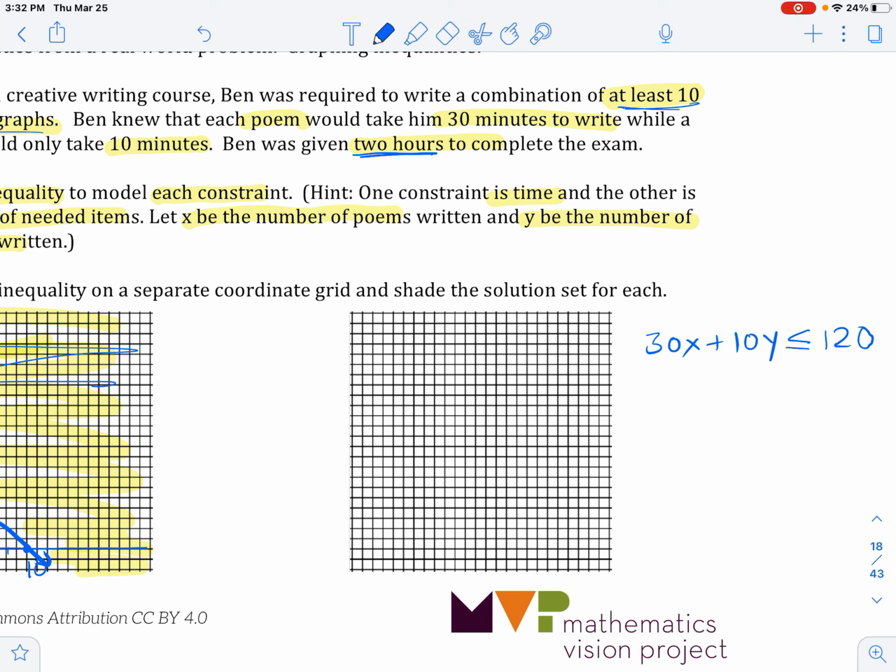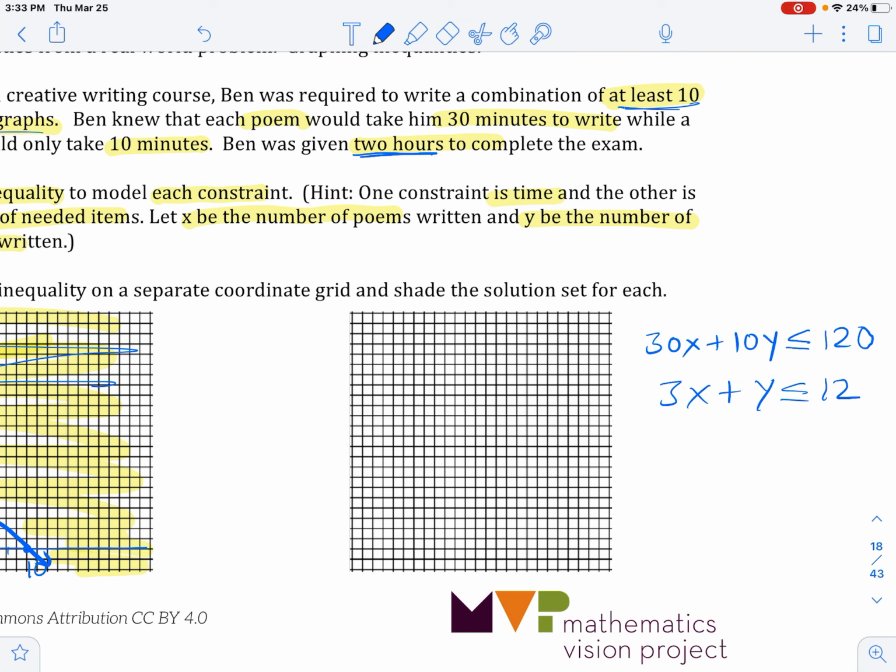All right, so if I have an inequality and I need to graph it, I could divide both sides by 10. I get 3x plus y is less than or equal to 12. It could be represented like that.